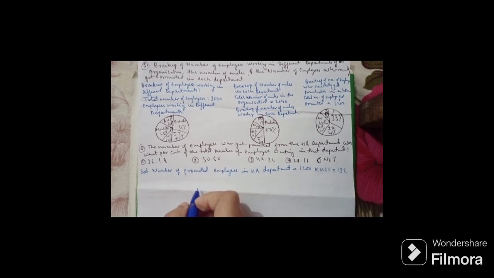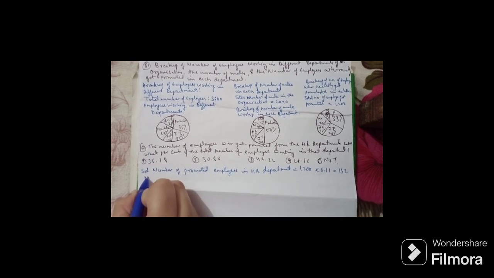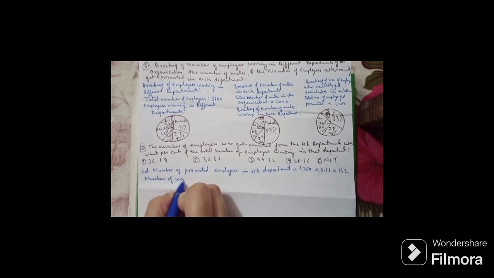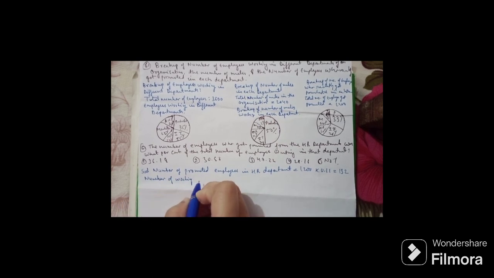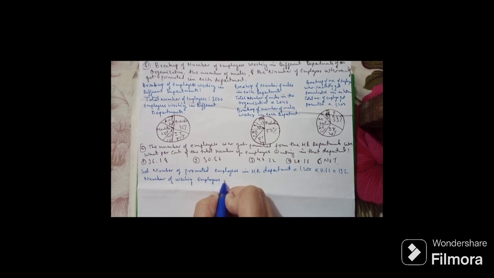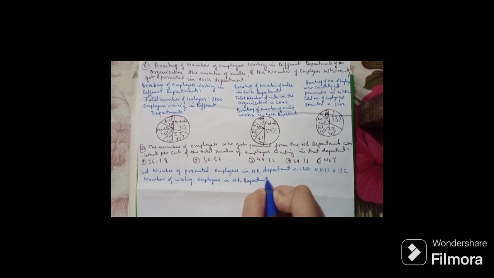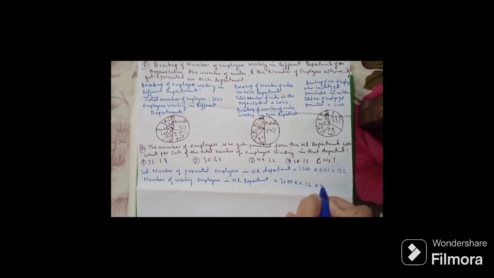The number of working employees in the HR department equals 3600 into 0.12, which is 432.